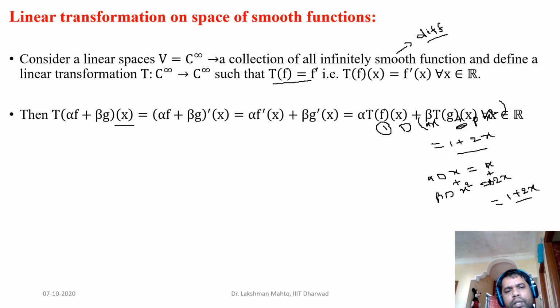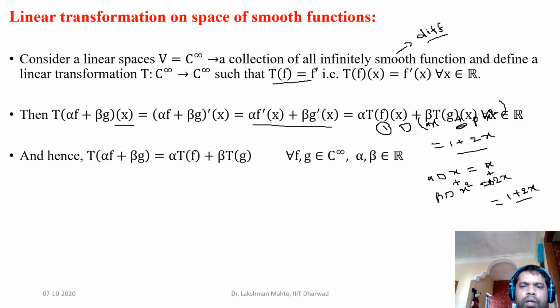So once you apply T over this linear combination of f and g, it means differentiating these two functions. After differentiating, you will get alpha times f dash x plus beta times g dash x. Individually, it is a linear combination of the image of f and the image of g. That is the criterion. That means the derivative operation is always a linear transformation over the collection of infinitely smooth functions, over C infinity.